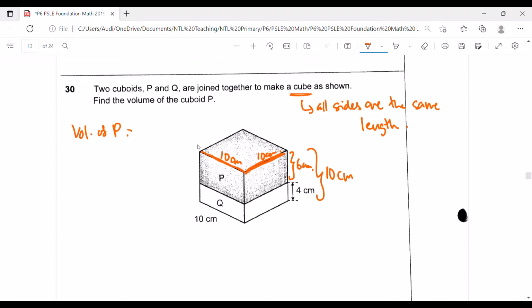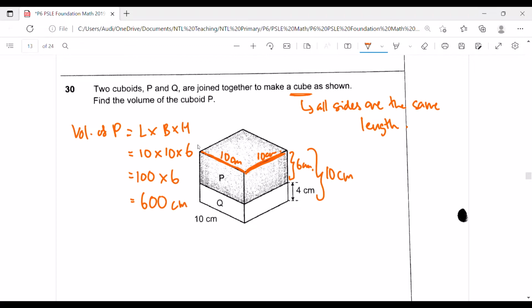Volume is always equal to length times breadth times height. So for P, the length is 10 cm, breadth is 10 cm, and the height is 6 cm. We know that 10 times 10 is 100. So 100 times 6 is 600. Now what's the unit for volume?